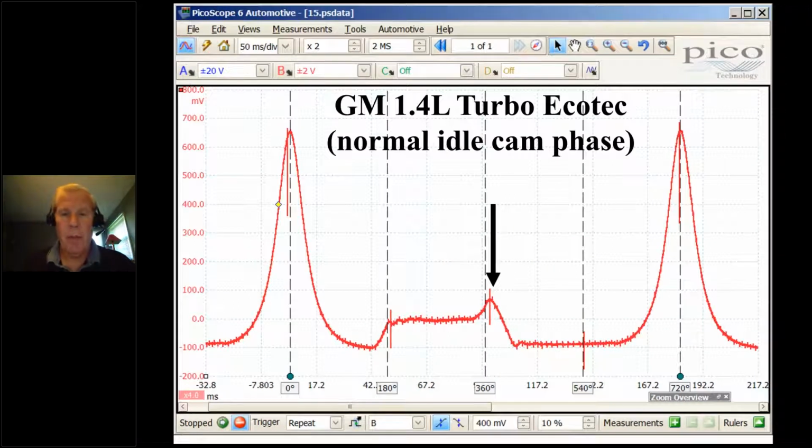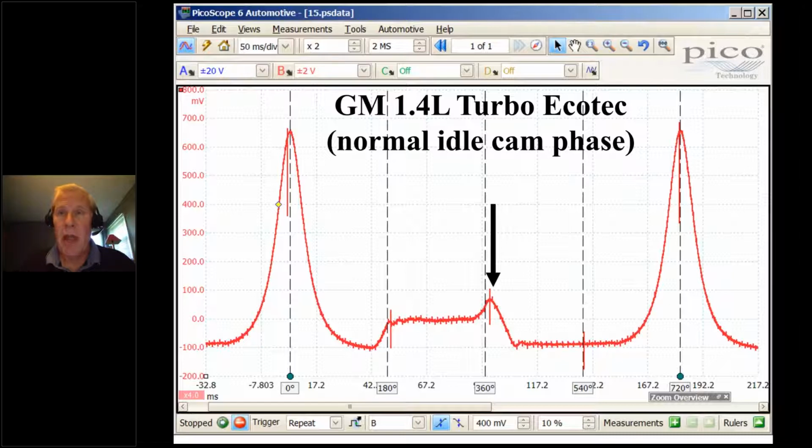This is something that each technician or instructor decides on their own, how they're going to handle this. On this engine, the PCM phases the cams at idle. So these cams are currently phasing. And right now at idle, this exhaust cam is advancing, so it's being commanded to advance.